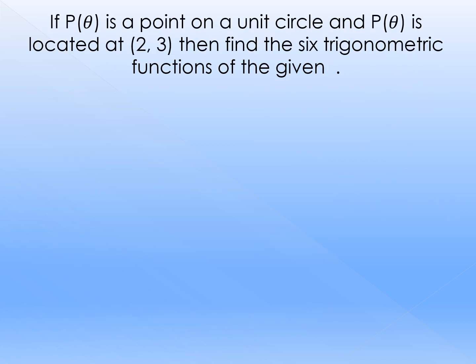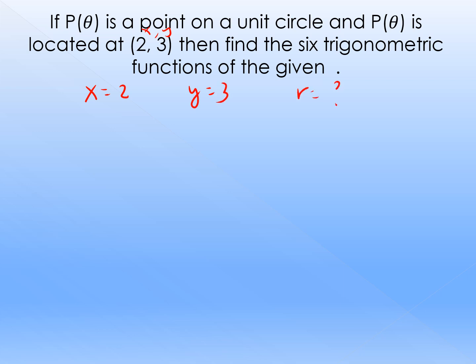Let's try another example. If P(theta) is a point on a unit circle and P(theta) is located at (2, 3), then find the six trigonometric functions of the given. Since the location is (2, 3), which is a representation for x, y, therefore x is equal to 2 and y is equal to 3. Now we're going to find r.